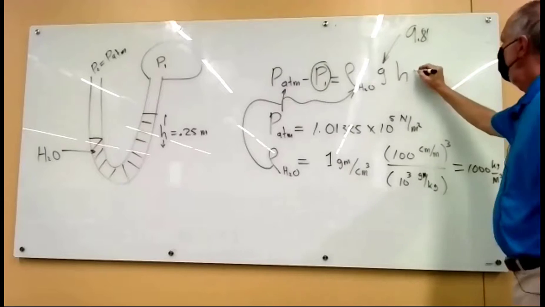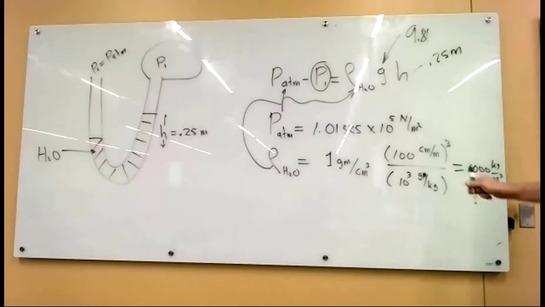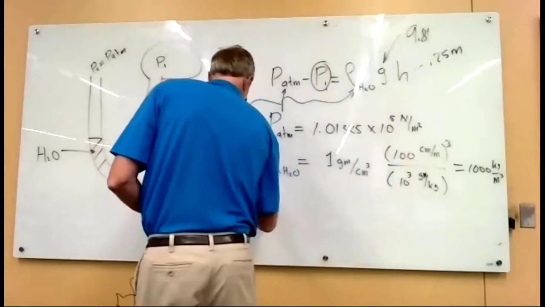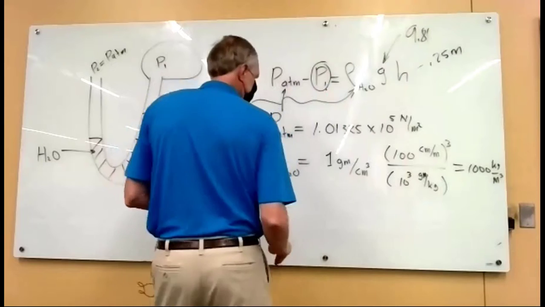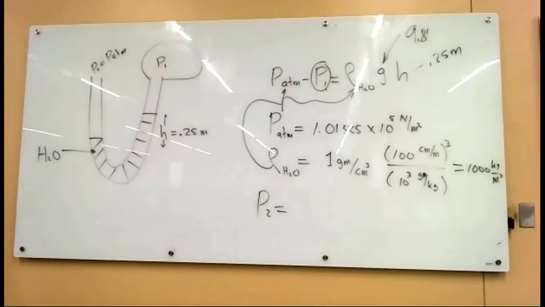And then H is 0.25 meters, so we stick all those numbers in, and that's going to solve to give P1. So you guys do that. Pull out your calculator, plug in the numbers, and crunch away for me.